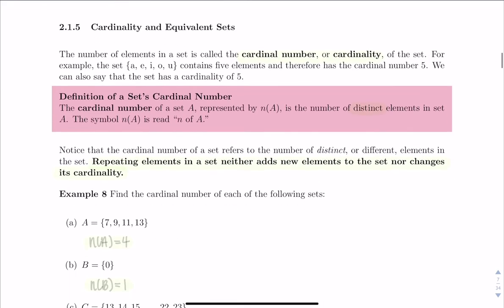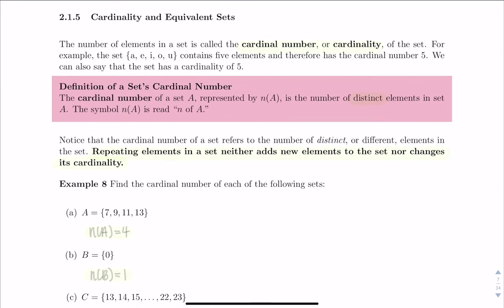Now let's talk about cardinality and equivalent sets. So the number of elements in a set is called the cardinal number or the cardinality of the set. So we don't care about what the set looks like, we just care about how many elements are in it. And so if I look at the set of our vowels, A, E, I, O, and U, that contains 5 elements, which means it has a cardinal number of 5.